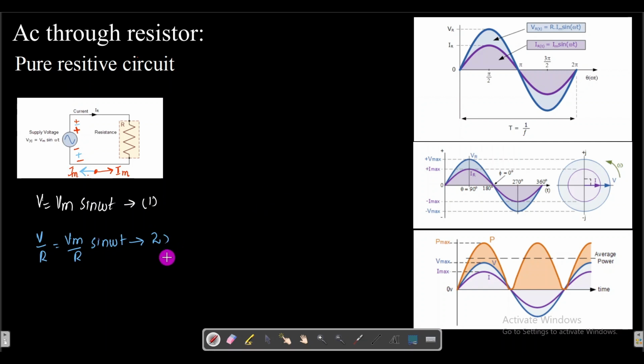Now we know from Ohm's law, which is applicable here, that we have the voltage, the current, and the resistor.